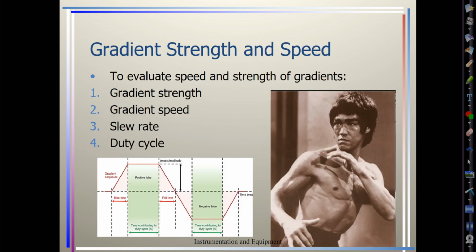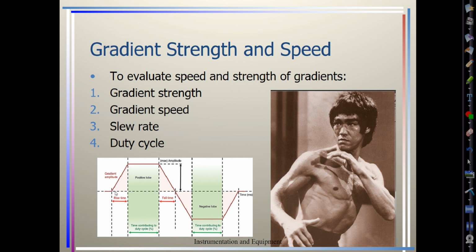So going back to the original diagram, you can see here how everything is broken down. Our gradient strength is how we increase above our threshold. And then you have your maximum amplitude or maximum gradient strength at the top.